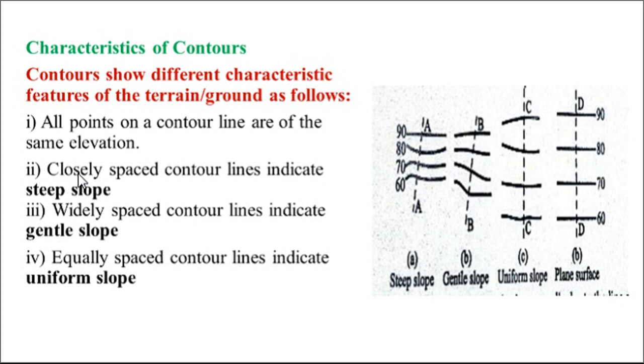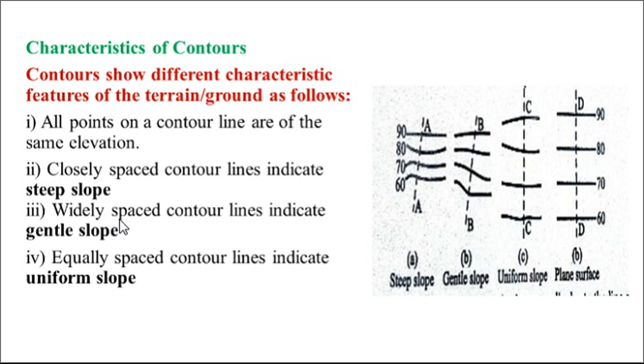Second characteristic: closely spaced contour lines indicate a steep slope. If in a particular map the contour lines are very close to each other, that indicates a steep slope. So from the position of the contour lines we can know the nature of the ground there.